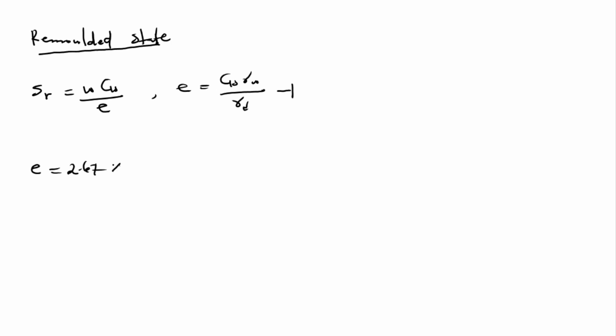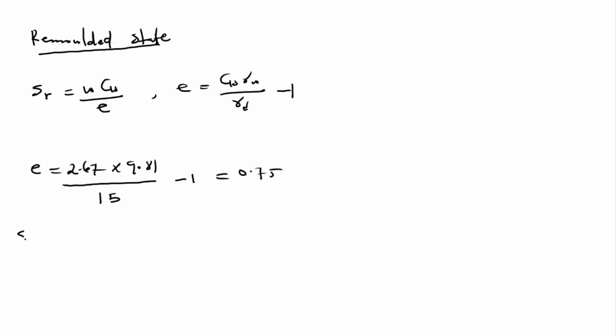degree of saturation Sr is still given by the same relationship, and e is also still given by the same relationship, and so e as a void ratio becomes 2.67 times 9.81 all over the dry density of the embankment minus 1 equals to 0.75.